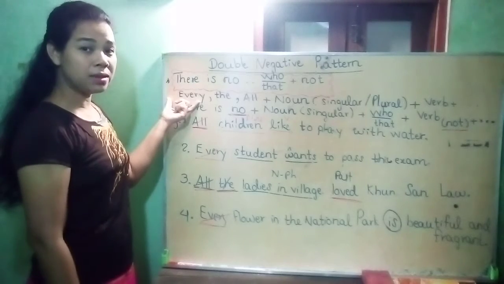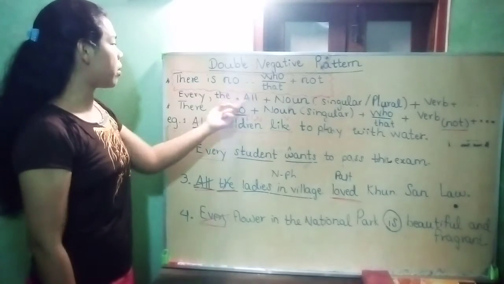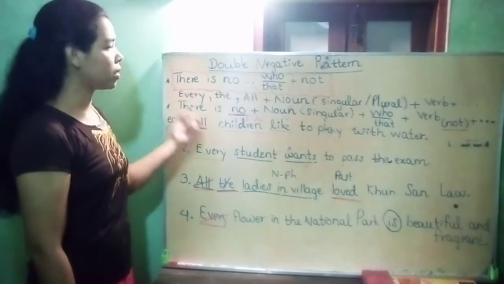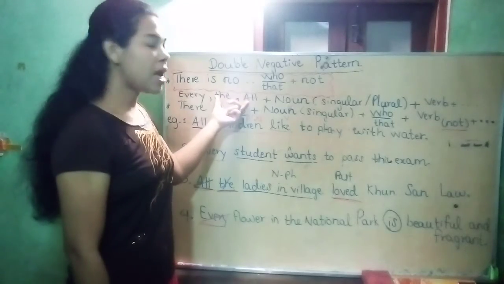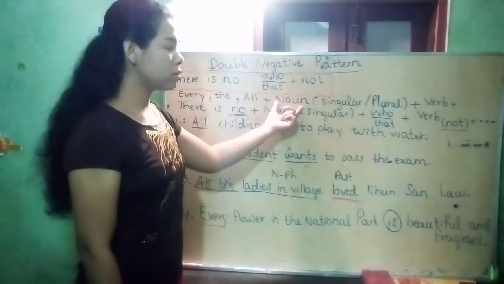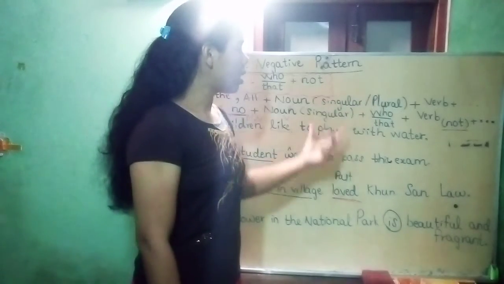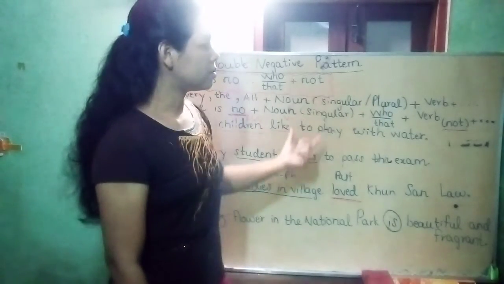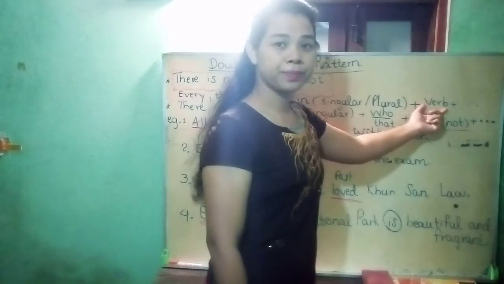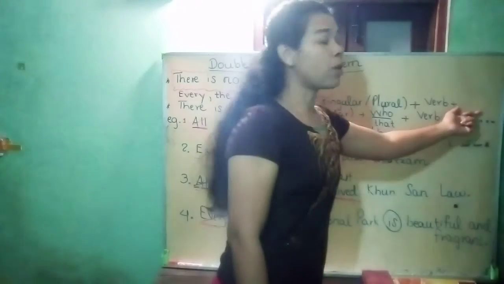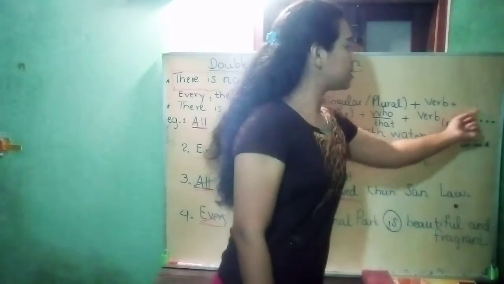Firstly, you will see the determiner: all, there, every. The determiner is followed by a noun, which may be singular or plural. After that, the next comes the verb, and then the other remaining words of the sentence.